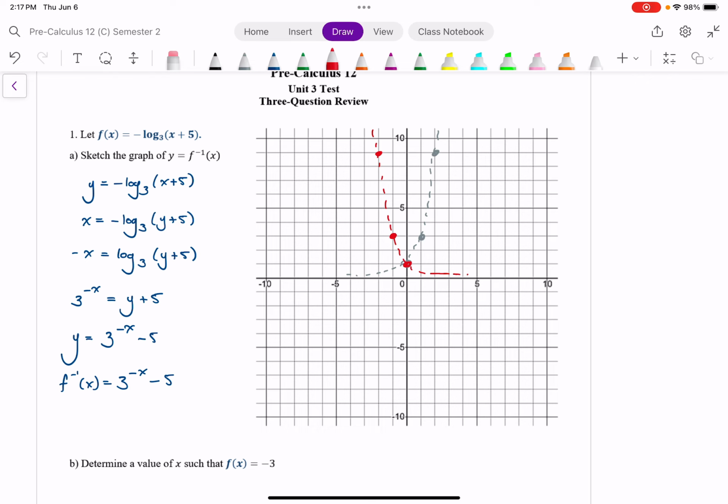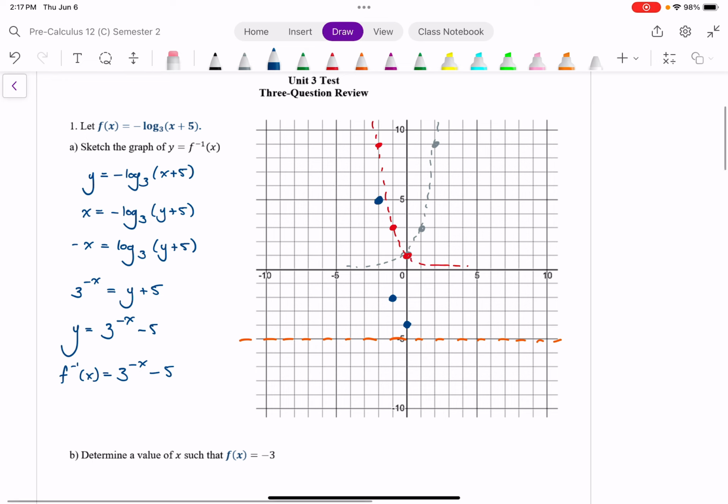So as soon as I move it 5 down, I can see there's going to be an asymptote at y equals -5 down there. And if I just move these points all 5 down, it should have a y-intercept of -4. It should go through -1, -2, and it should also go through -2, 4.